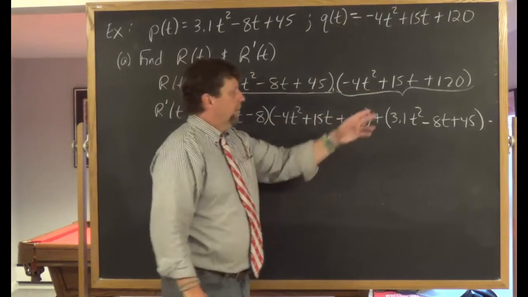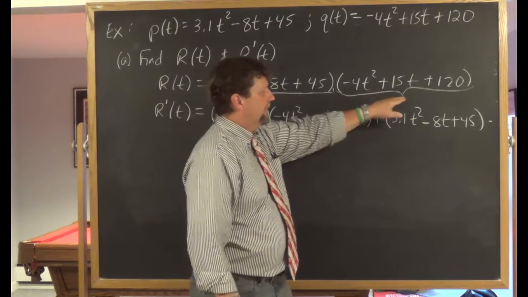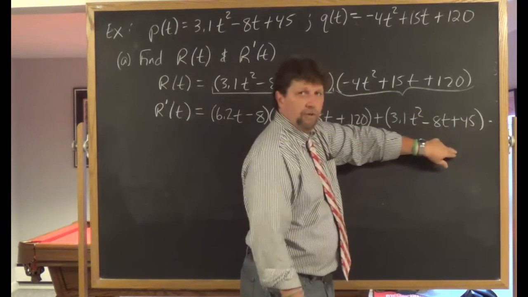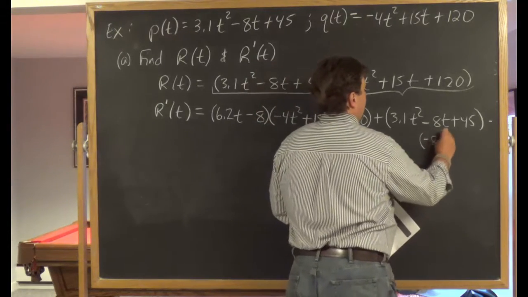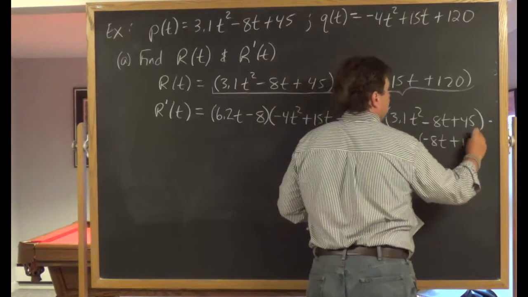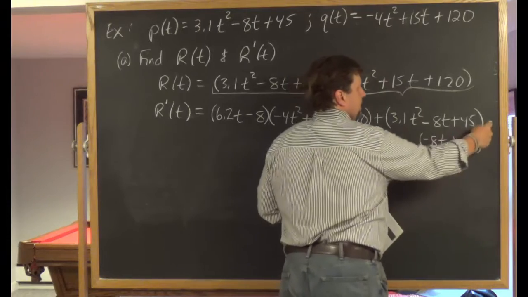And I've run out of room, so I'm going to put the derivative of the second function right down here. That's negative 8t plus 15. So it's this times that.